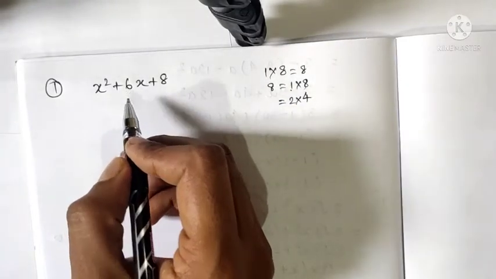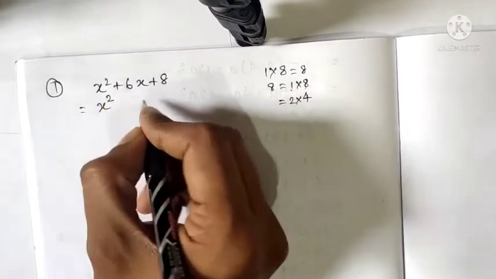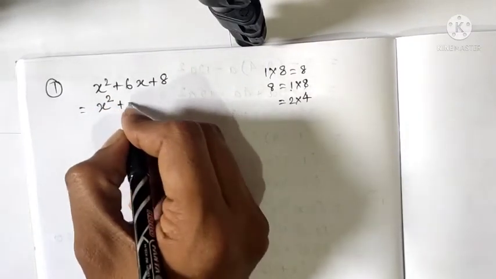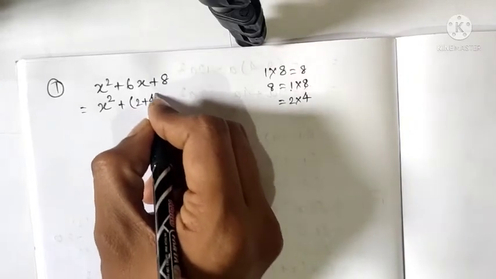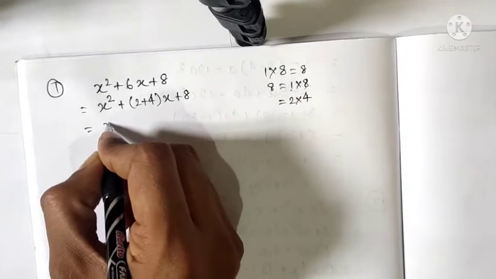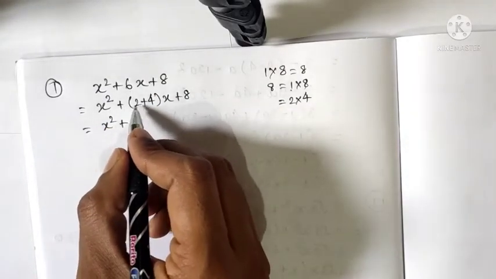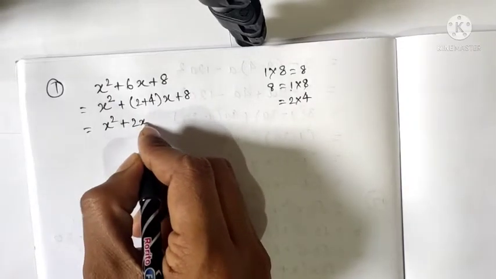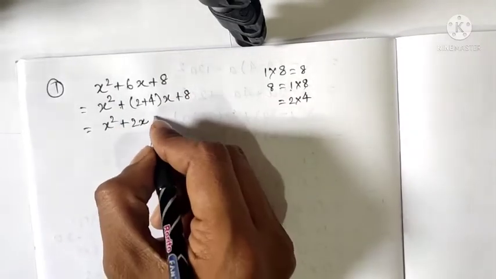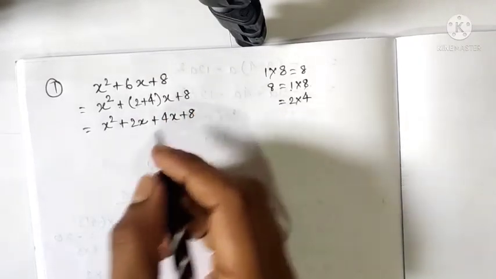That implies we can write it as x square plus 2 plus 4 x plus 8. Hence it will be x square plus 2x, because plus into 2 into x becomes 2x, plus 4x plus 8.